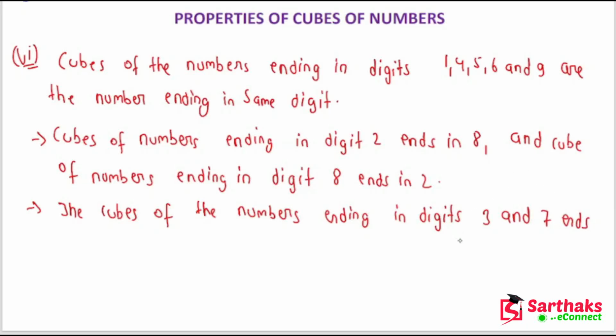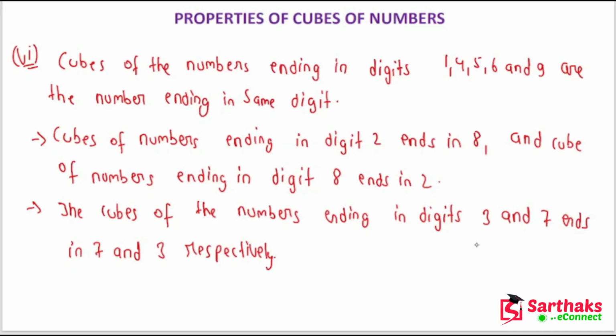You very well know that 3 cube is 27 and 7 cube is 343. The cubes of numbers ending in digits 3 and 7 end in 7 and 3 respectively. So cubes of numbers ending in digits 3 and 7 end in 7 and 3.